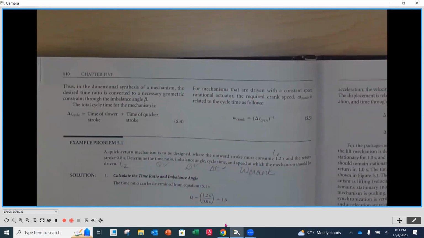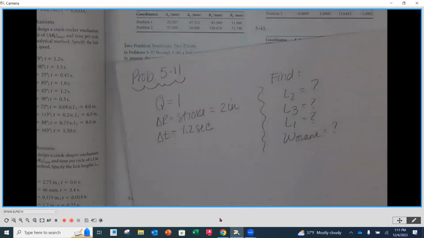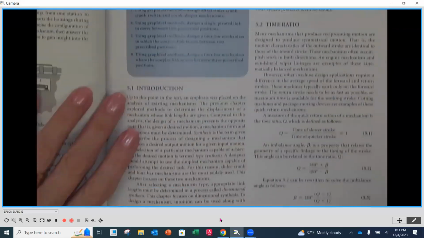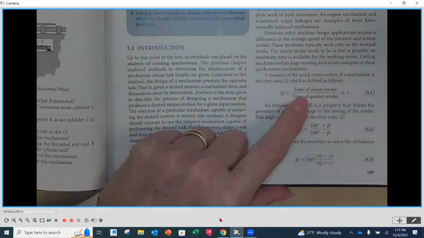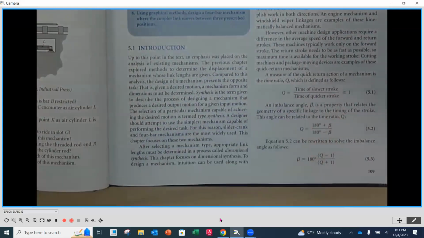So first of all, it's telling us that our time ratio is 1. If we go back and look at our Q equation, that means the time of the slower stroke divided by the time of the quicker stroke is equal to 1. So what does that tell us about each of those comparatively?